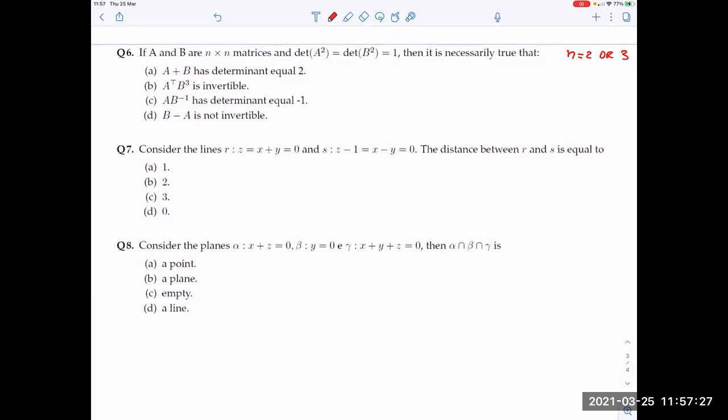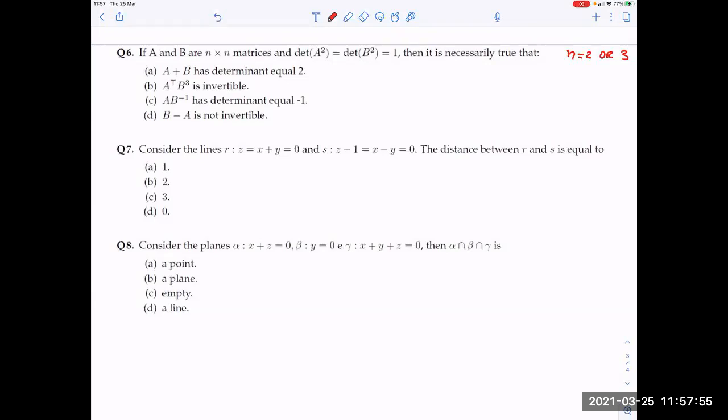Okay, so let's see. What is the right option here for question 6?